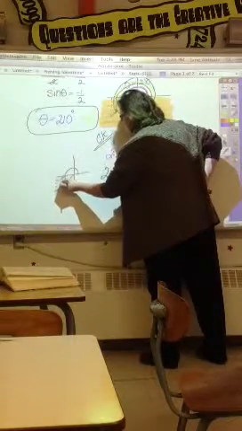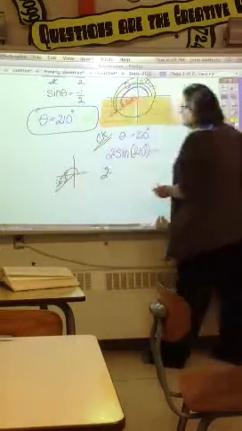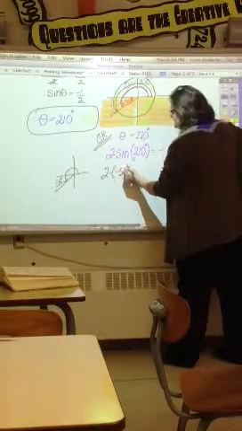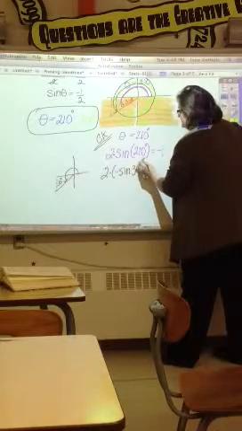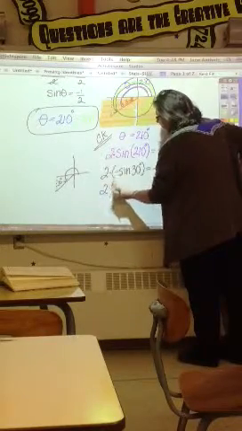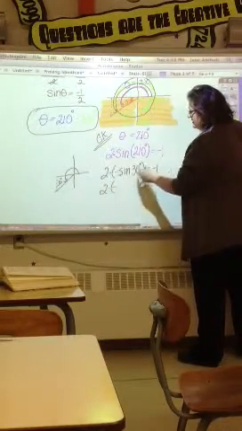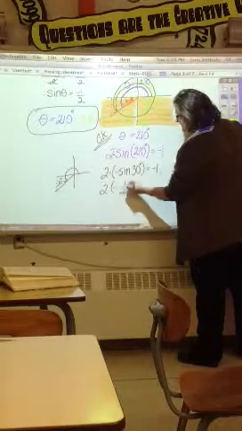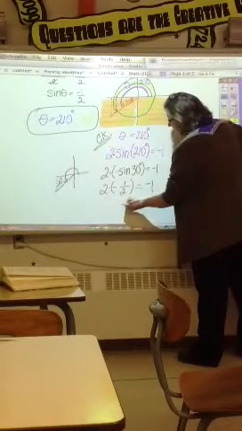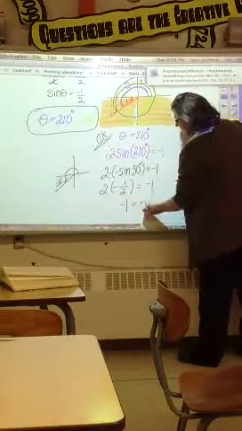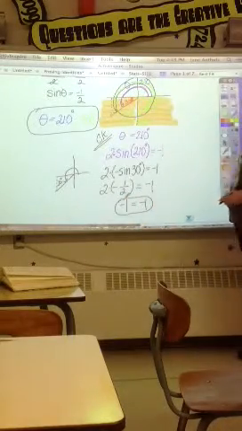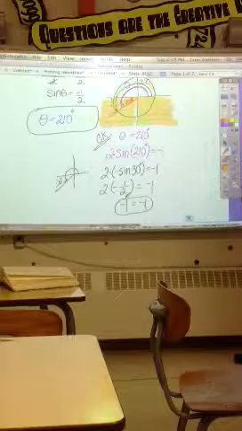My reference angle is that 30-degree angle, and since we're in the third quadrant, it's equal to a negative sine of 30 degrees. So we say negative 1 times the sine of 30. I know the sine of 30 degrees is 1/2, and 2 times negative 1/2 is negative 1. We have proved that we do in fact have a solution when we let theta equal 210 degrees.